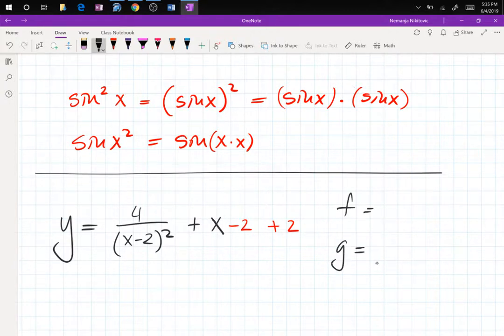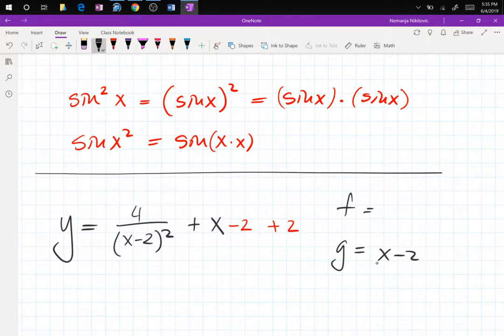if the inner function is x minus 2, then you have x. No, you can't do it that way. You have to use x minus 2, two functions.